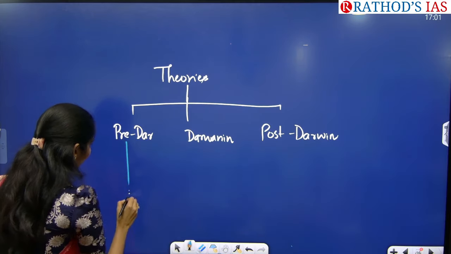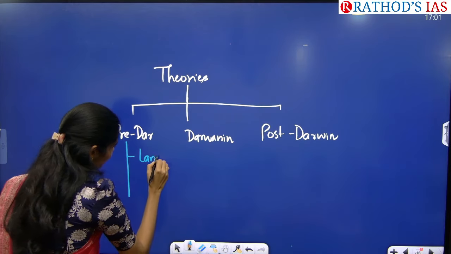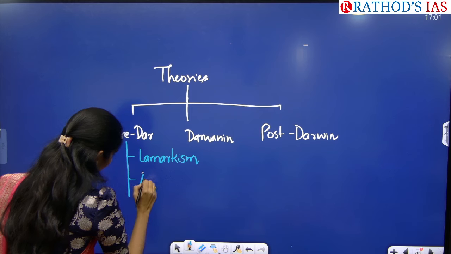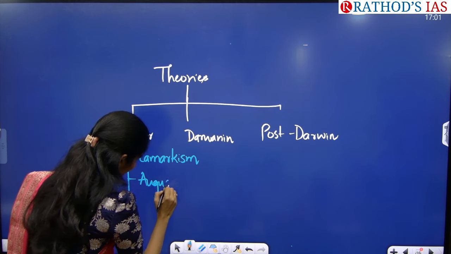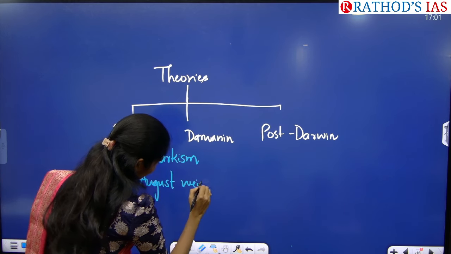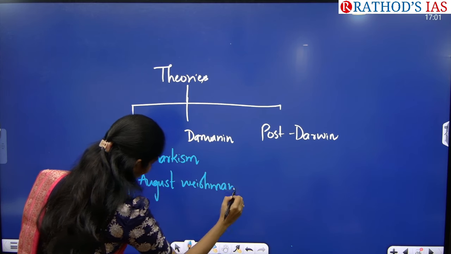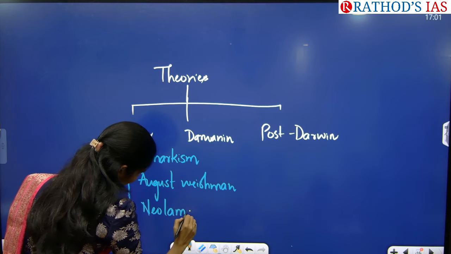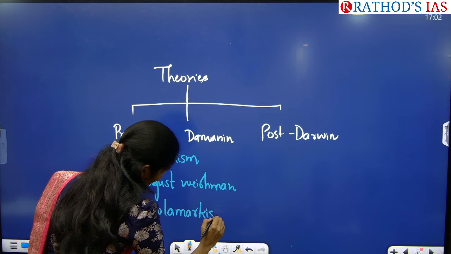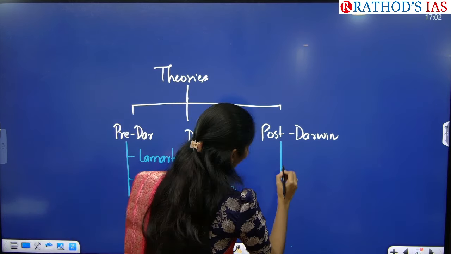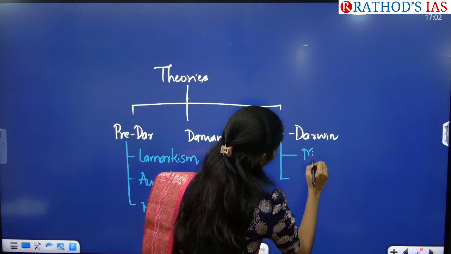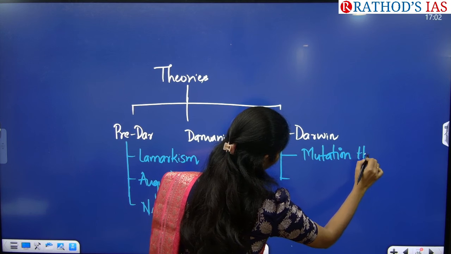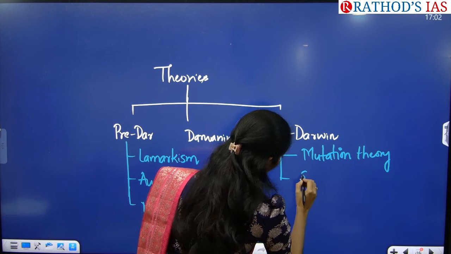In pre-Darwin we have Lamarckism, August Weismann, and the third one is Neo-Lamarckism. And in post-Darwin we have 2 types, mutation theory and synthetic organic theory.